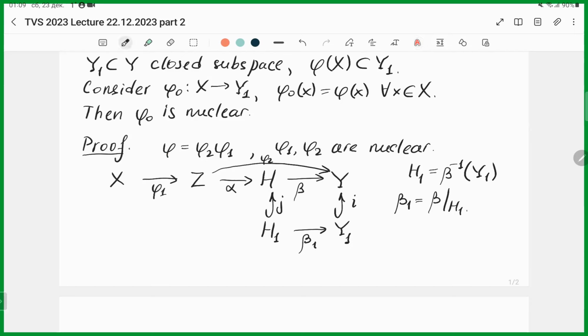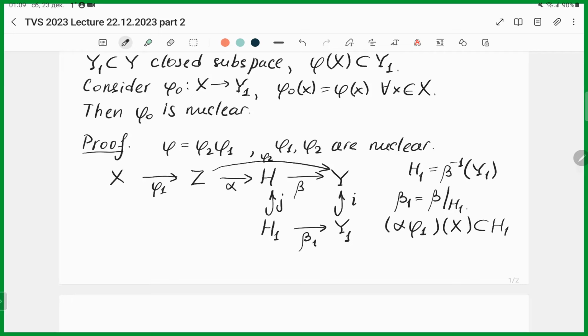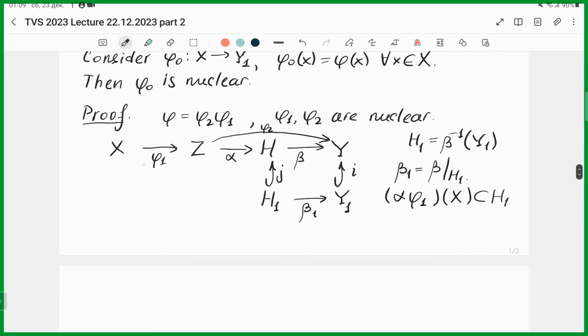So alpha phi 1 of x is contained in H1. This means that we can consider a map, denoted by gamma, from X to H1, such that the diagram commutes.